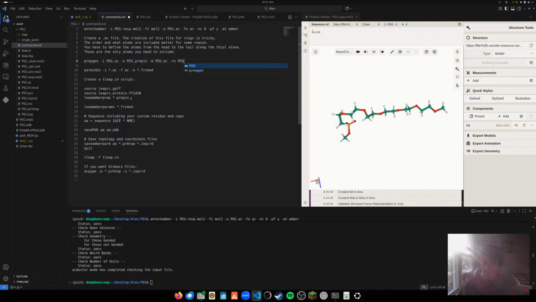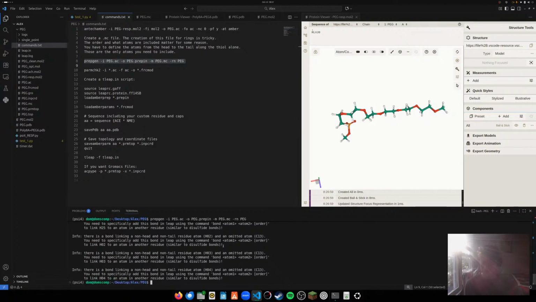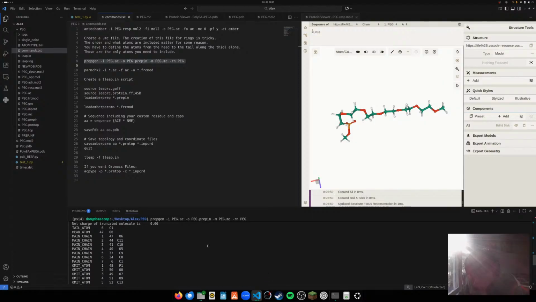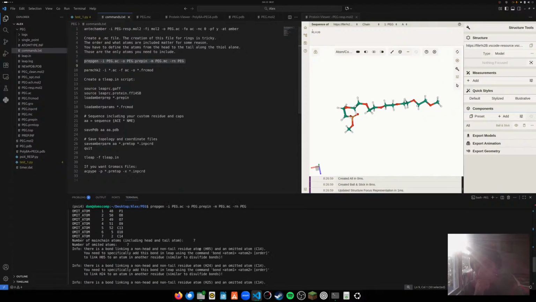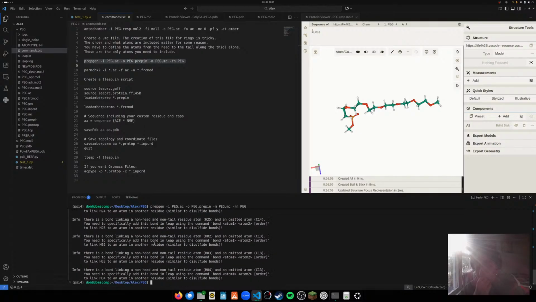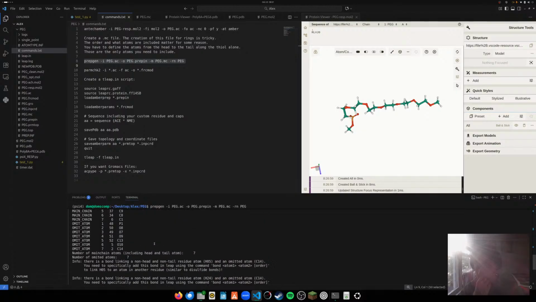Let's do name PG. Oof. Similar. This is just info.